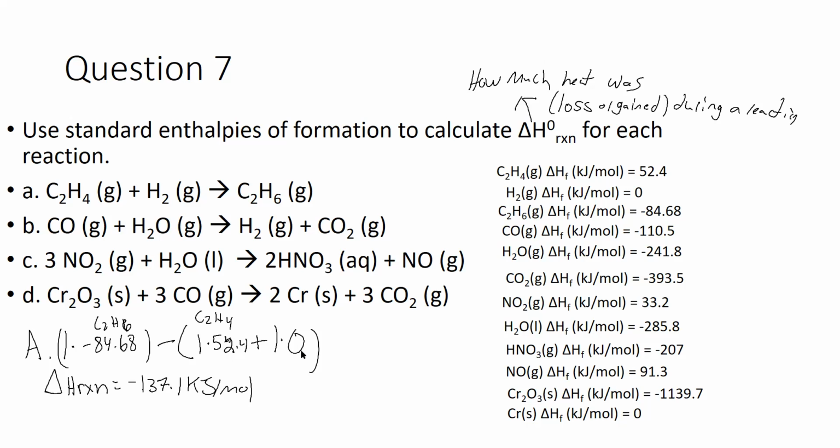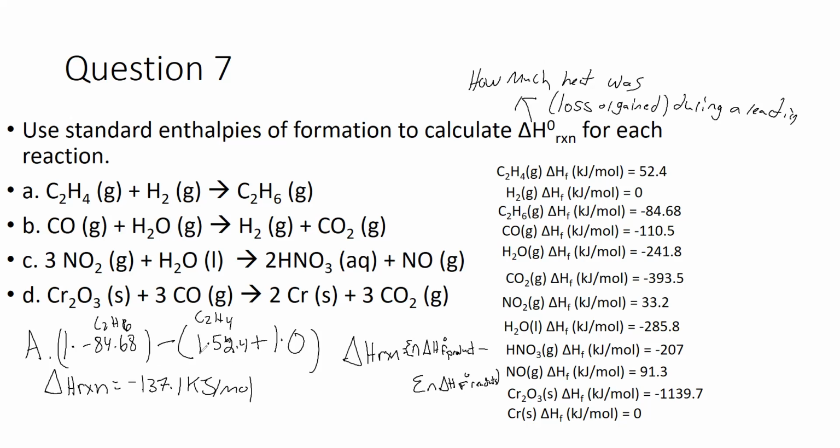The second parenthesis, so this equation, delta H reaction, is N, number of moles, times delta H formation, and it's the sum of, for every product you have, minus the sum of number of moles times delta H formation of the reactants.